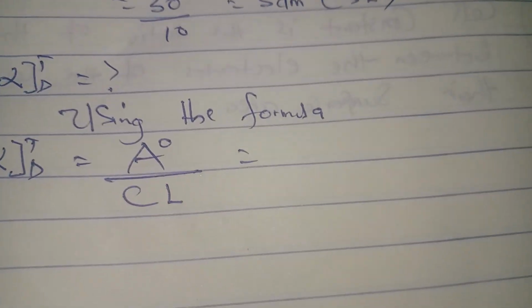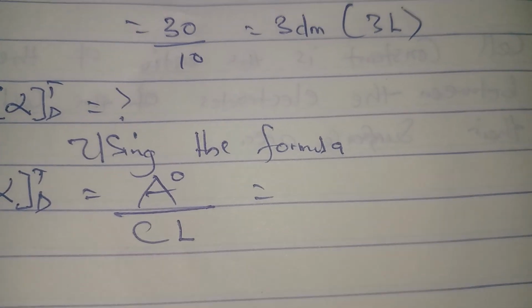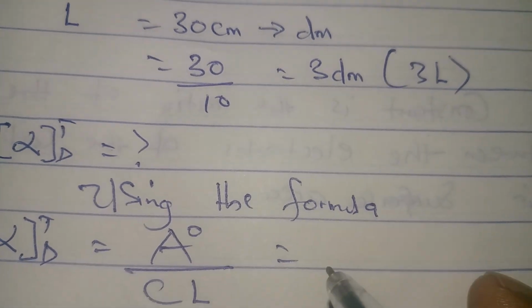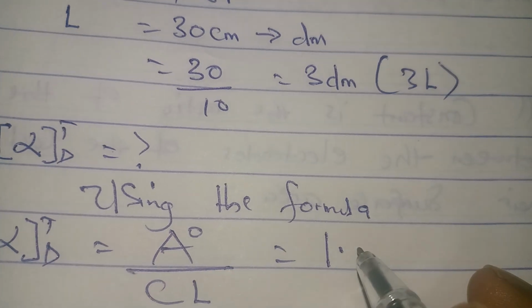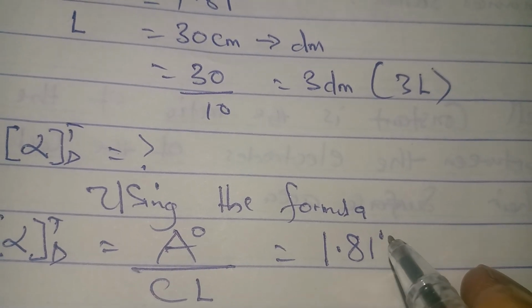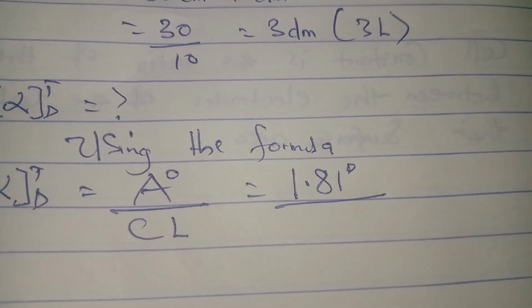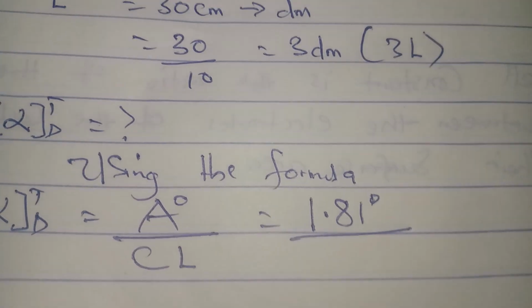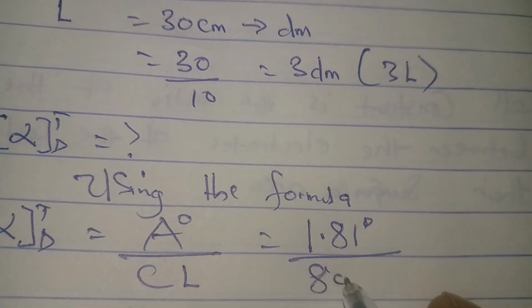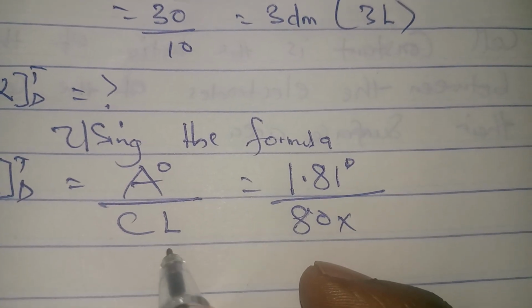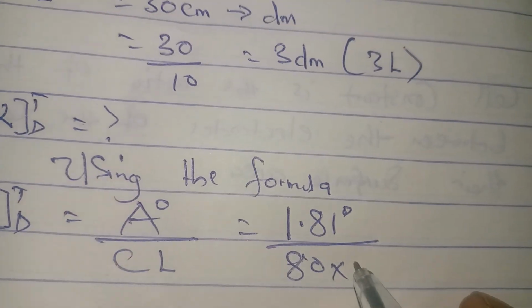And if I substitute the values into this, I am likely to have my observed rotation, which is this, divided by my concentration, which is actually 80, times my length, which is given to be 3.